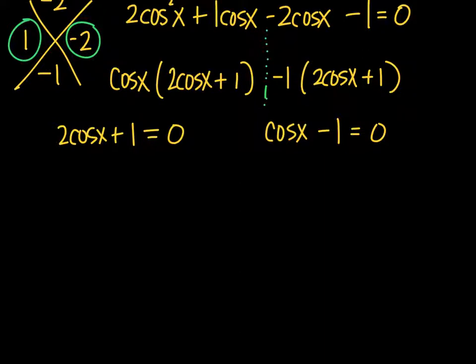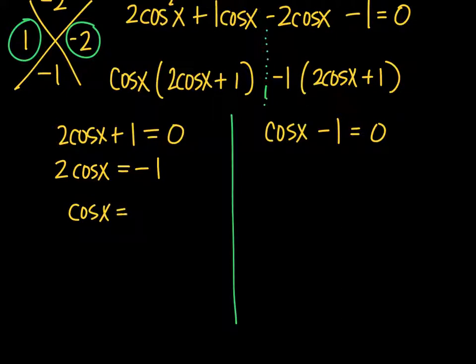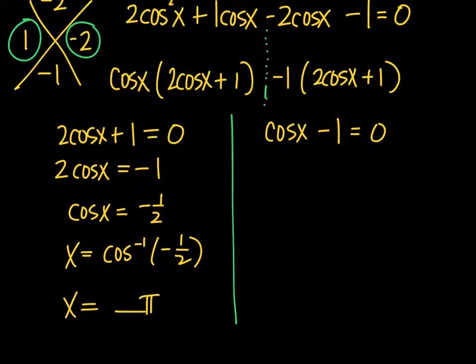On the left side, we're going to subtract 1. 2 cos x equals -1. We'll divide by 2. So cos x is -1/2. We'll apply the inverse. And we'll think about the pi and the fraction that would happen.